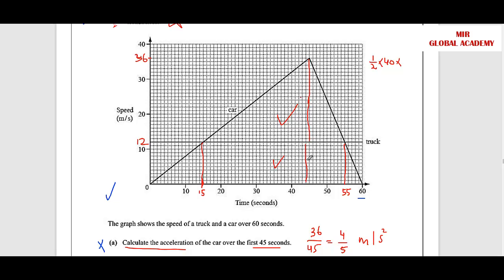So 36 minus 12 will give you the height of this triangle. That is 24. So the area of the triangle is 480.